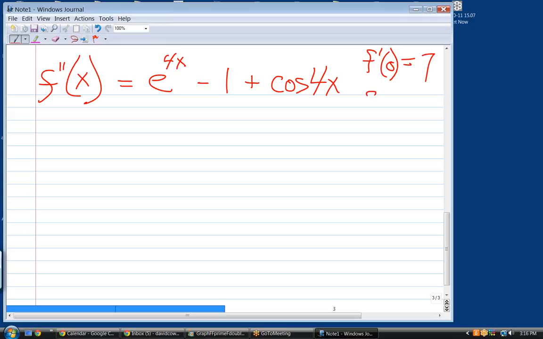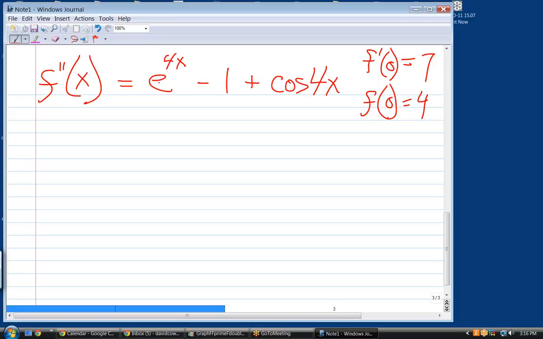It gives you 2. Okay, good. I need both of them. In other words, this first one's going to allow me to figure out what f prime of x is. The second one's going to allow me to figure out what f of x is. Unless there was something I missed on that last problem, I don't know how you do it without the initial condition at each stage.